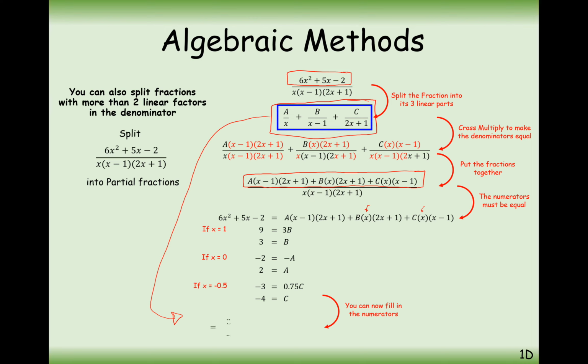You'd write it just like this: 2 over x plus 3 over x minus 1 minus, because c is a negative value, 4 over 2x plus 1. Okay, so that is the basics of how you split up into partial fractions.